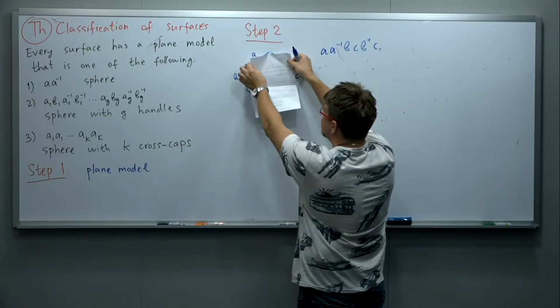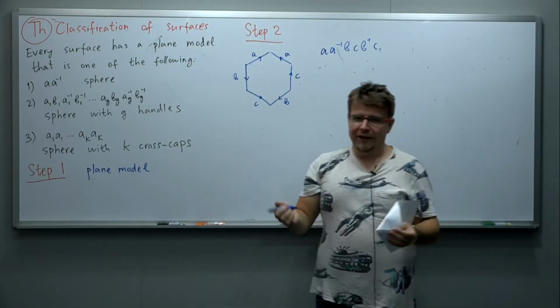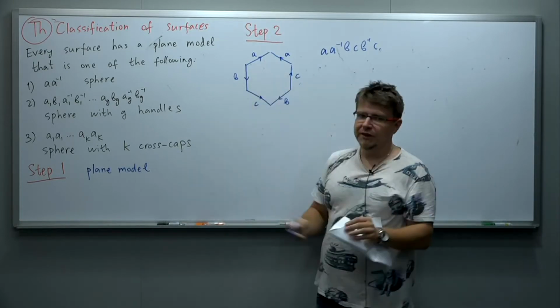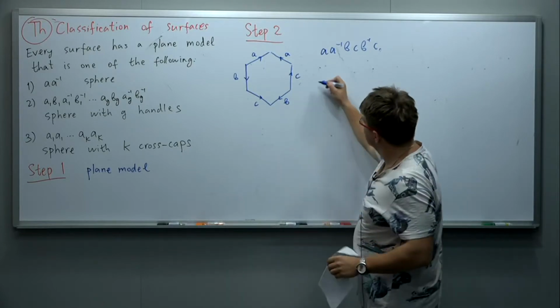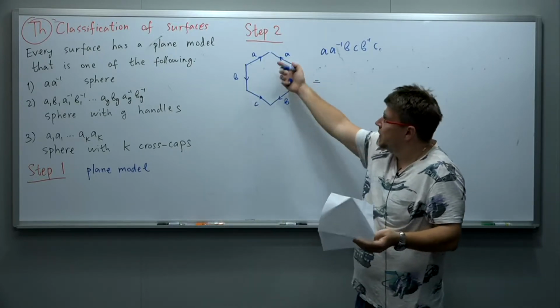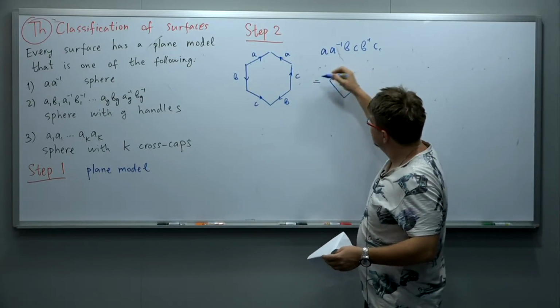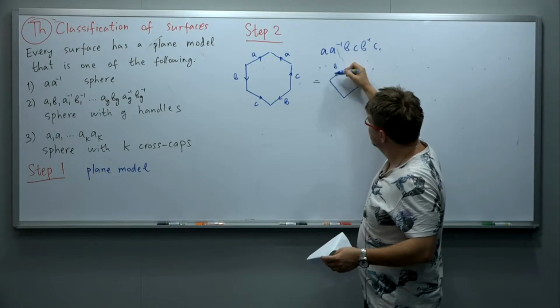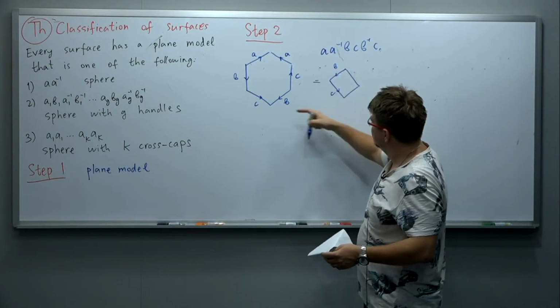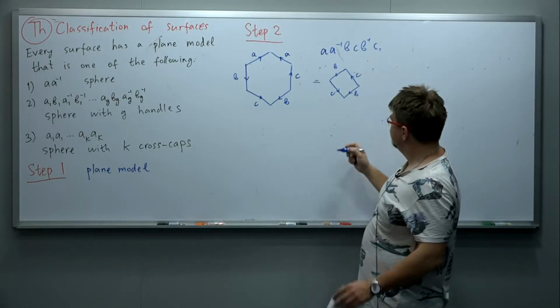You have this, and then you just glue them together, and what actually happens is that these two edges disappear. So if we glue A to A inverse, then they're just going to disappear, and the remaining part is going to look like this. So we are going to have B, C, this B inverse, and this C.